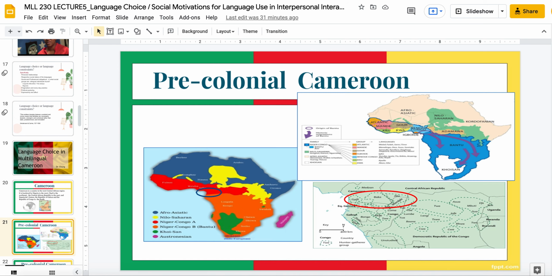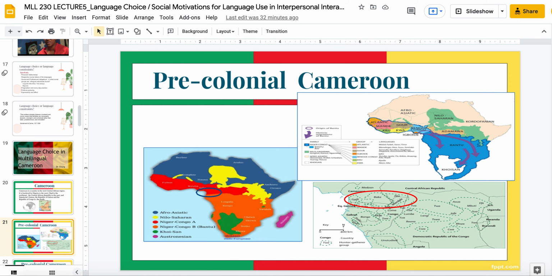So pre-colonial Cameroon, there were many, many, many tribes. There were many migrations, different languages, right? Cameroon is like Papua New Guinea. Cameroon is one of the most multilingual places on earth, right? There are so many indigenous languages. There are so many tribes.